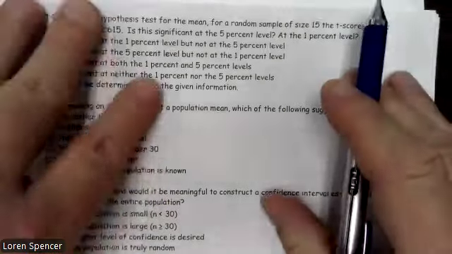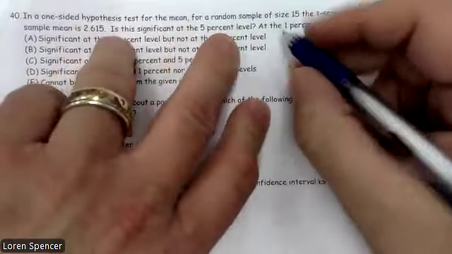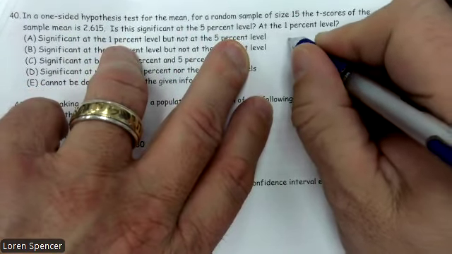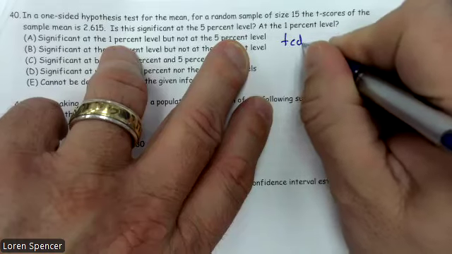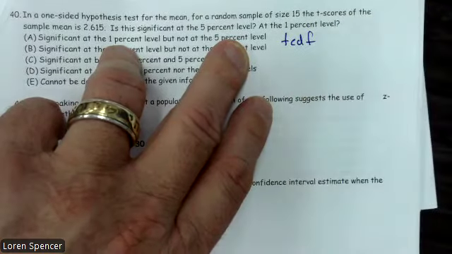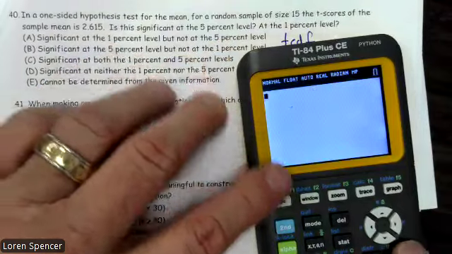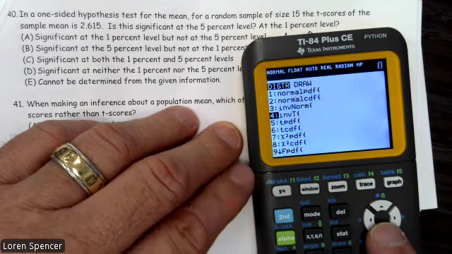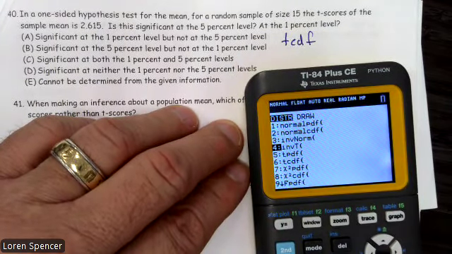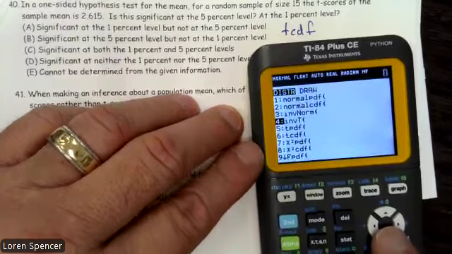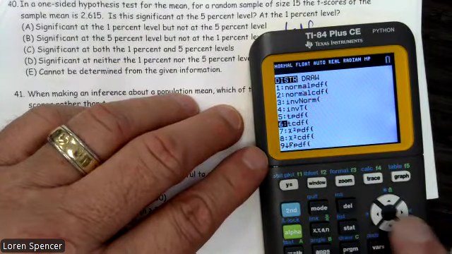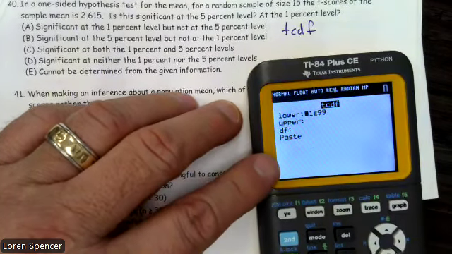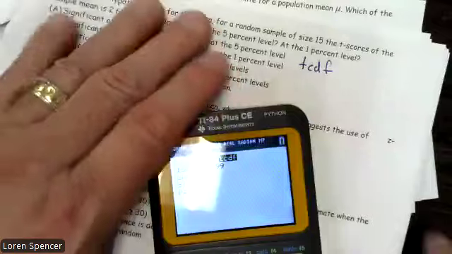All right, so here we go. Basically, we're going to go to a different spot on the calculator. We're going to do a tcdf, second vars, tcdf, lower bound. We ended up with a t-score. And by the way, I should draw this picture.